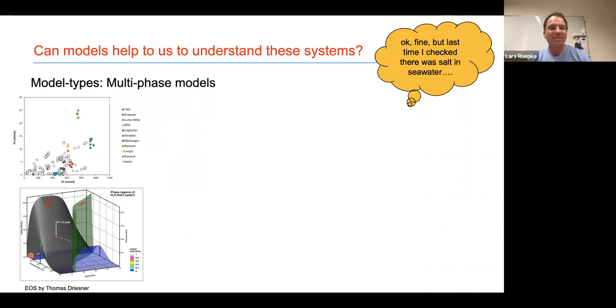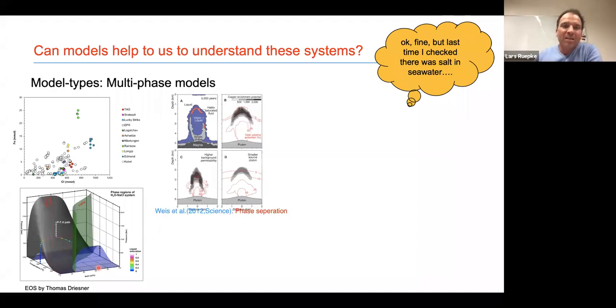Thomas Driesner and his team have given the community this fantastic equation of state that resolves the system water plus NaCl over the entire pressure, temperature, and salinity range that's relevant for magmatic hydrothermal systems. They've also gone further and put that into their CSMP++ toolbox that they have used for a few years, maybe 5 to 10 years now, looking at multi-phase flow using this equation of state.